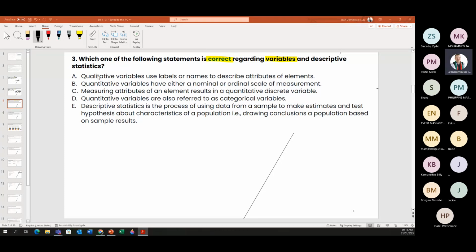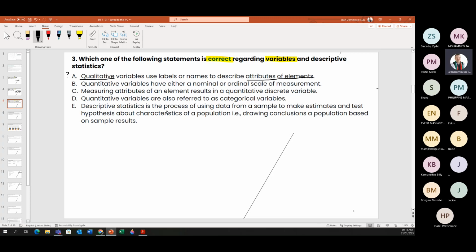Which of the following statements is correct regarding variables and descriptive statistics? Okay, so qualitative variables use labels or names to describe attributes of elements.